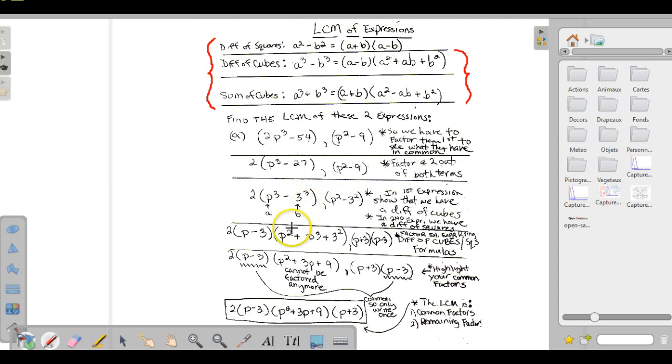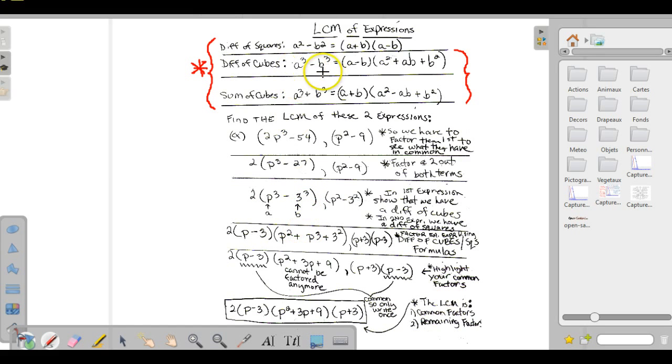That's a perfect cube. 27 is a perfect cube. So now we have the difference of cubes, so we can use this formula up here. Let's label what is our A and what is our B down here in our problem.